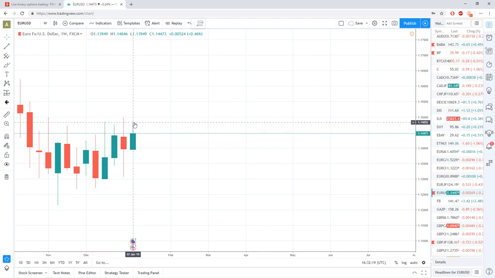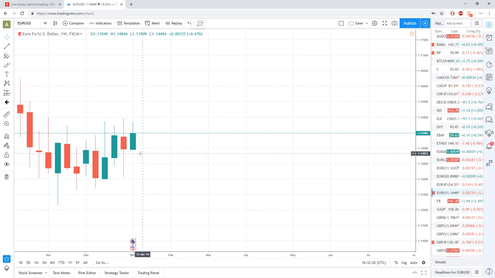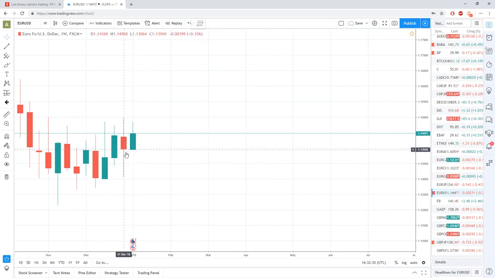The maximum price was over here, and the minimum price was on the lower part of the candle's tail. This candle doesn't have the tail, but this one has it. So we know that this is the lowest price of this candle.